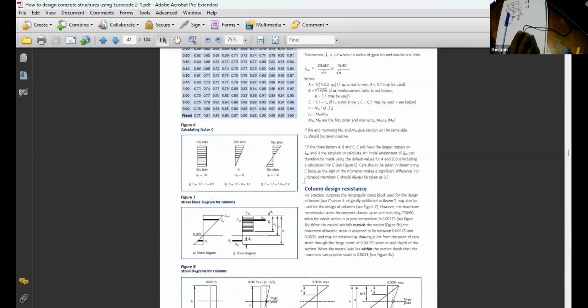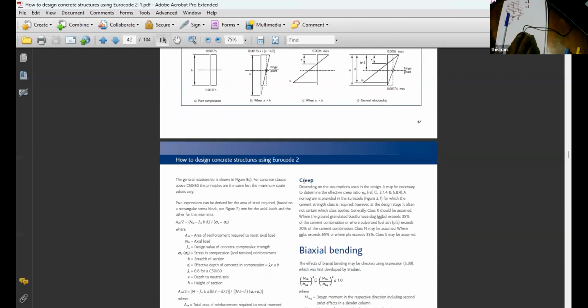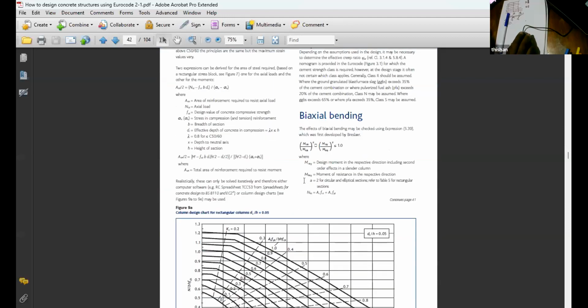And then if it is a slender column, how to get the additional moments and how to deal with biaxial bending. And if you look at this particular equation, when we were students, we learned Code of Practice 110. Code of Practice 110 had this particular equation for biaxial bending. We used that equation.